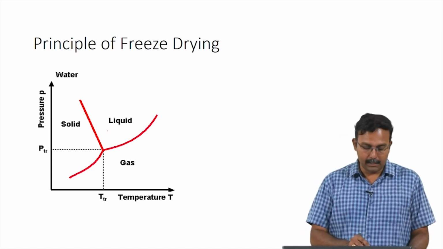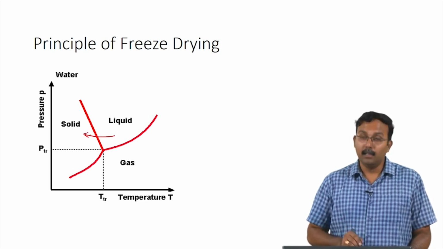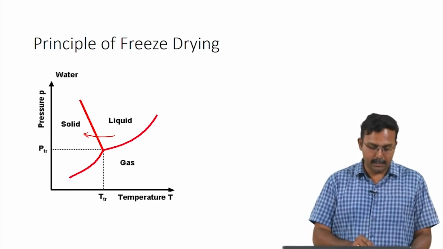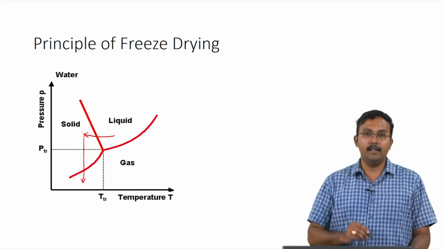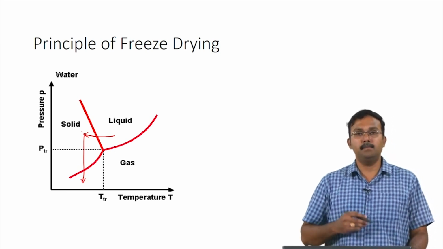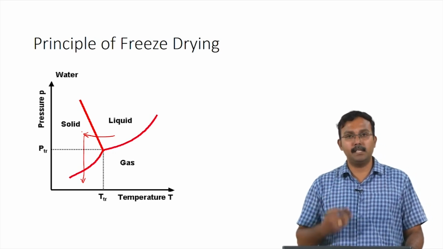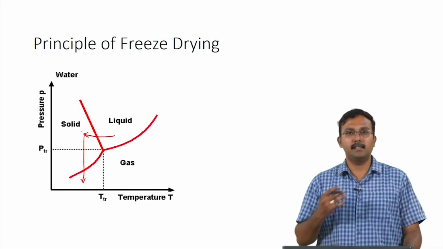So, what is done is you cool the water so that it solidifies, and then you reduce the pressure to such a large extent that this solid ice crystal becomes a gas. So, by creating a vacuum and reducing the pressure significantly, you can convert solid ice crystals into gas.